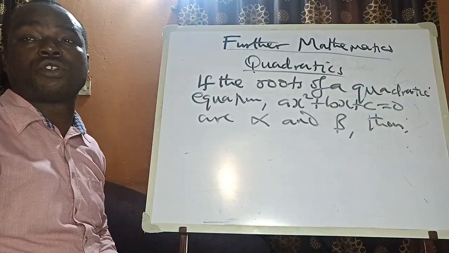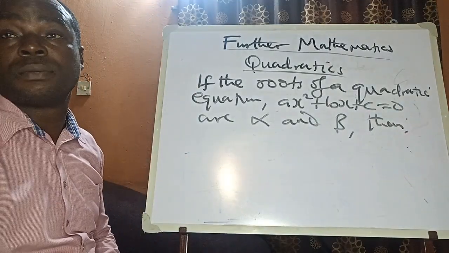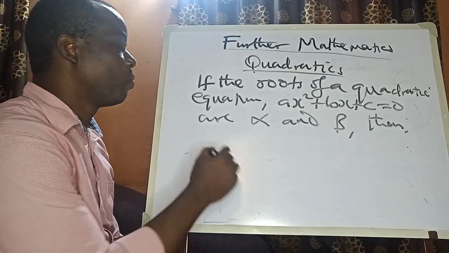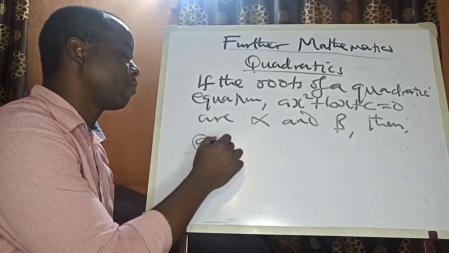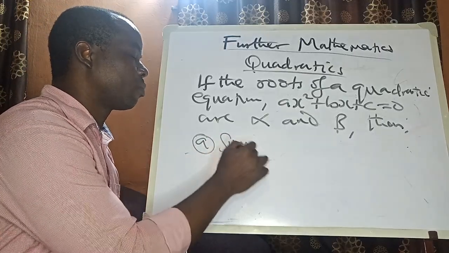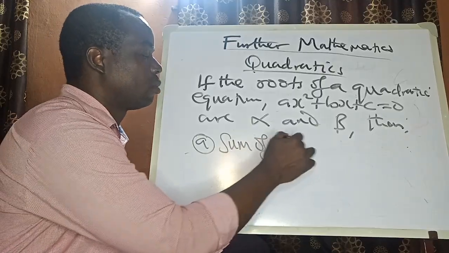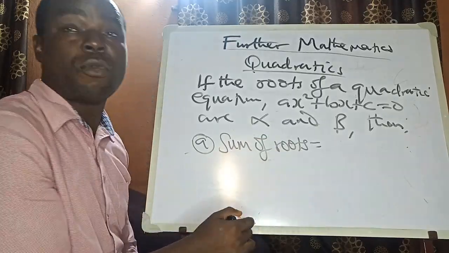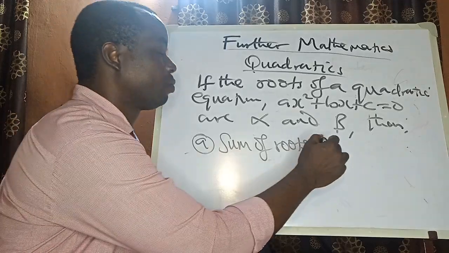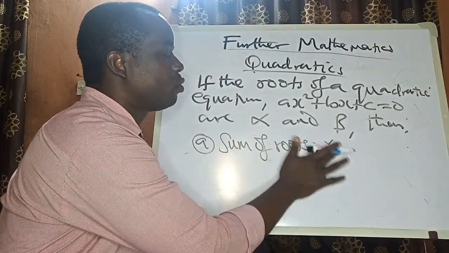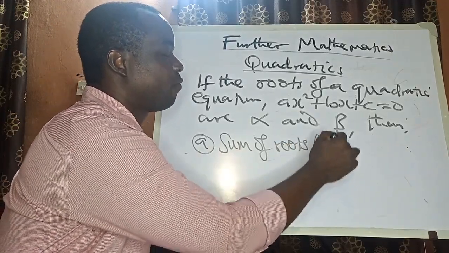Then now we make a compilation of all our formulas. A, we have sum of roots. Sum of roots is equal to alpha plus beta. Sum of roots is the same thing as alpha plus beta.